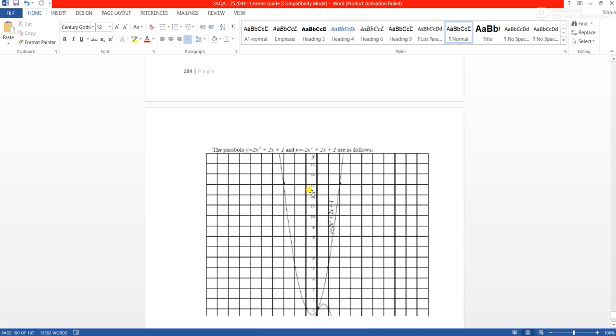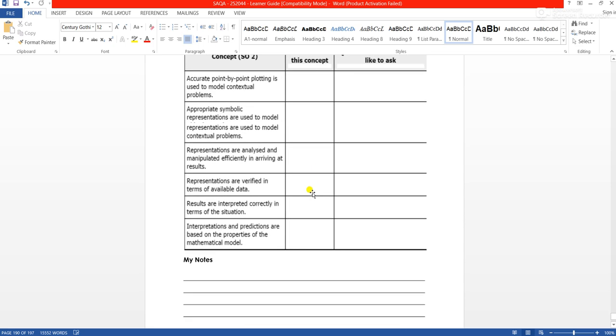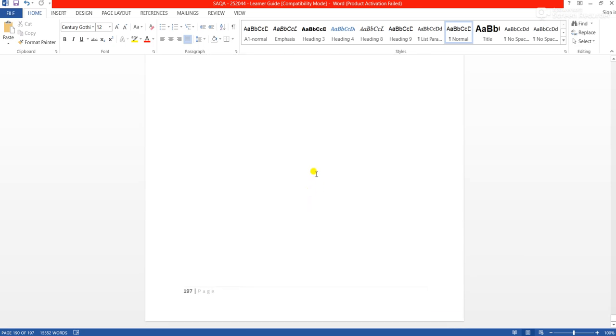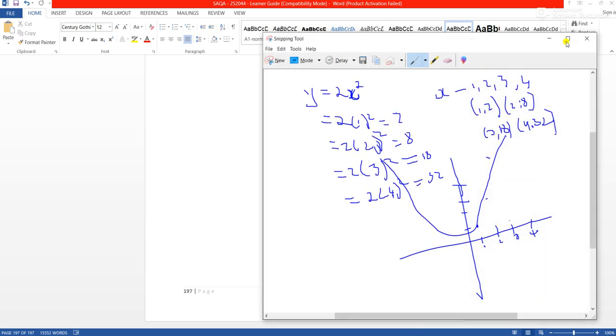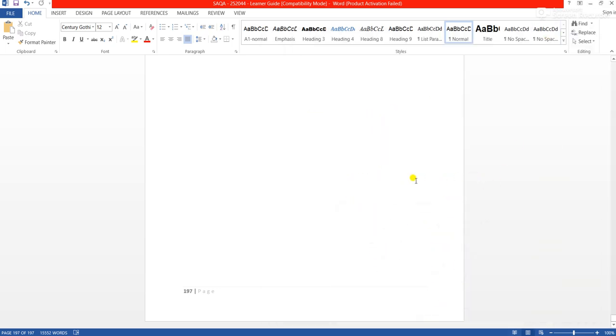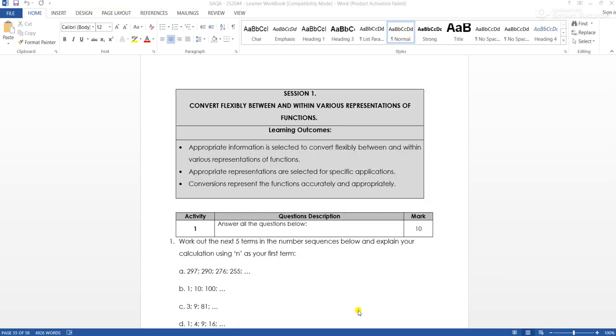That's it with the functions in terms of how you should go about drawing your functions, your hyperbola, your straight line graph, and the functional graph.